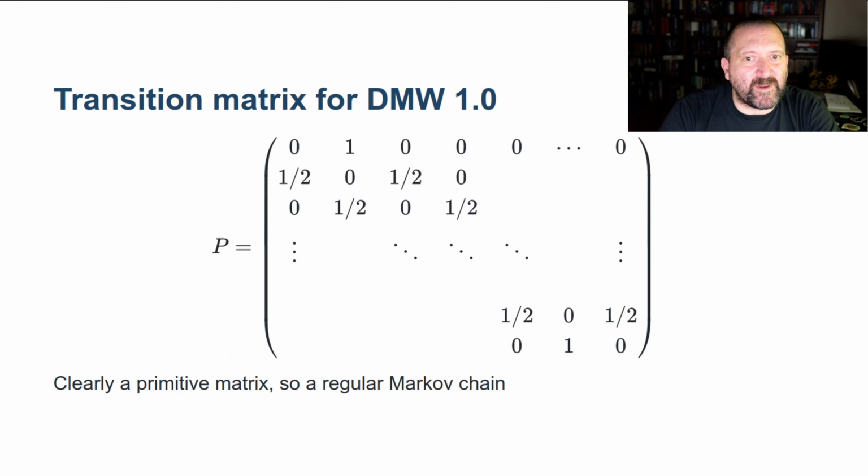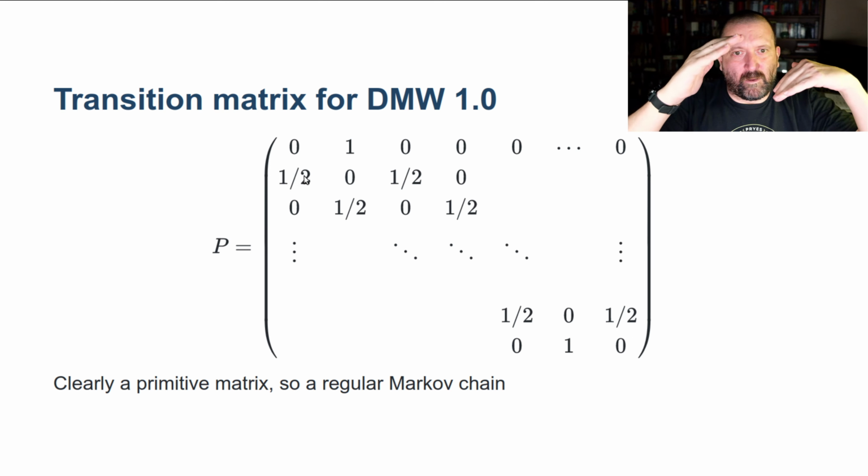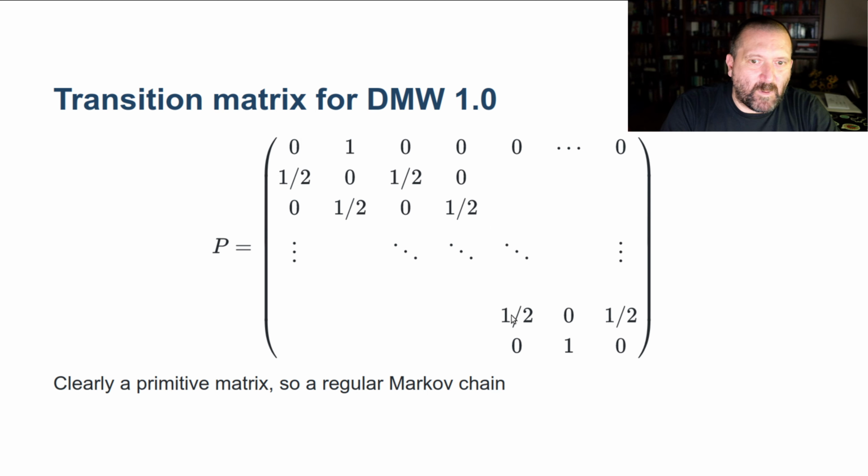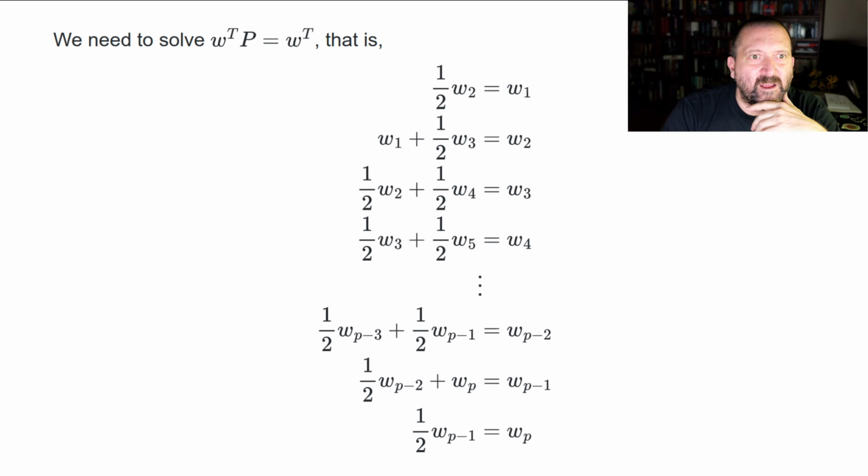So the transition matrix for this random walk has super and supra diagonals equal to 1/2, and the first row and last row with just the probability of moving right in the first row and left in the last row. This is a primitive matrix. I'm not going to detail it, but you can easily show that it's primitive.